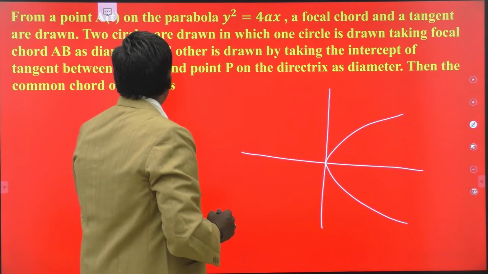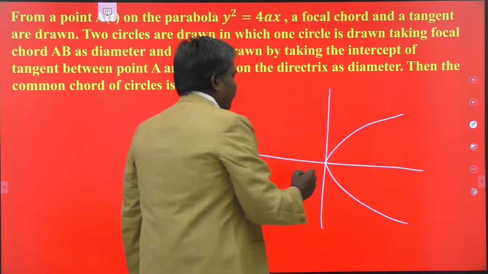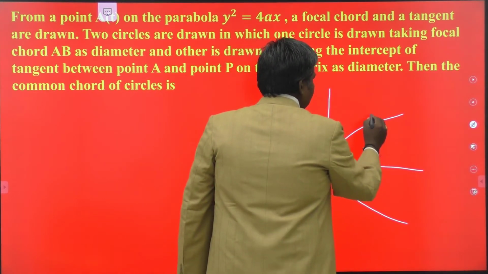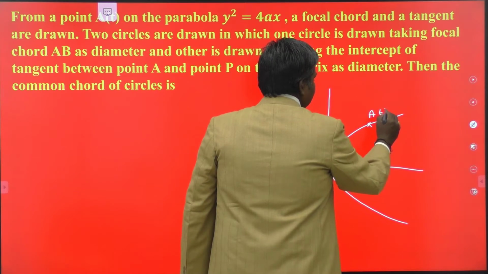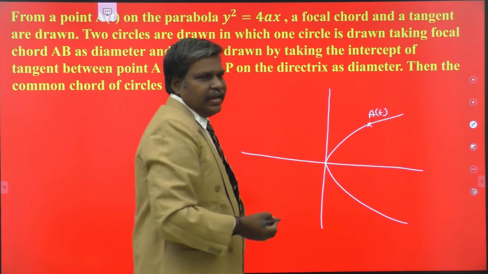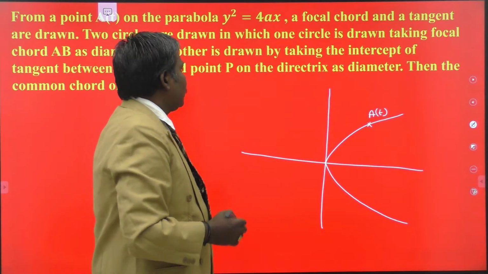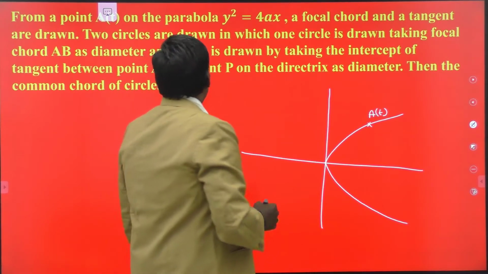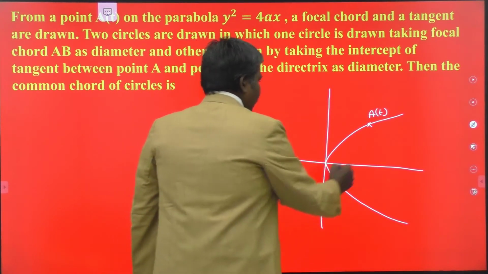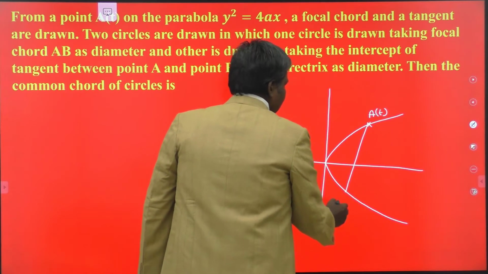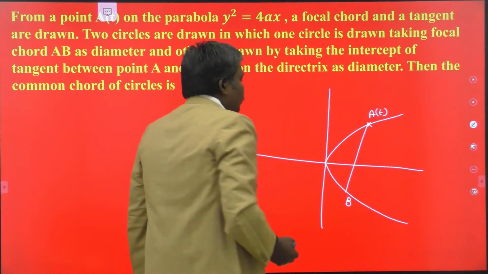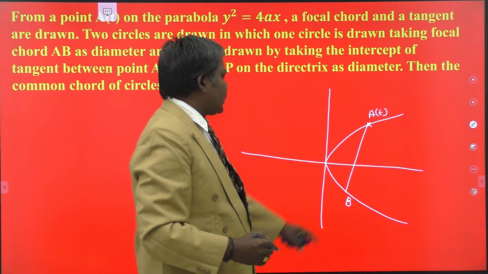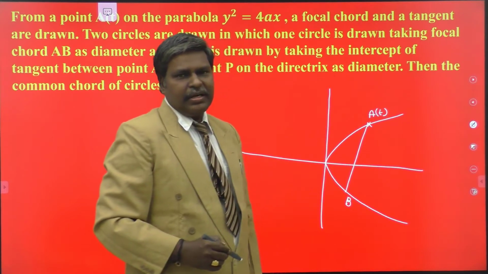Now you take some point A(t) on the parabola, that is (at square, 2at). Now AB is a focal chord of the parabola. This is my focal chord AB. Now we have to draw the circle on AB as diameter.